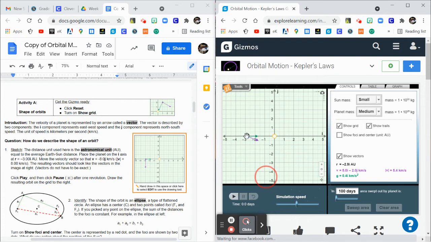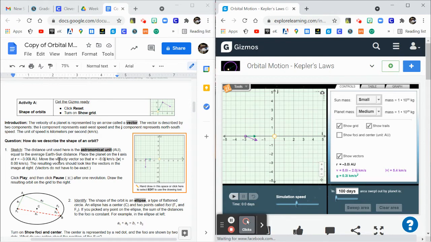There's r, and there you go, r is 3. I'm looking right there. So we placed our planet at r equals 3.